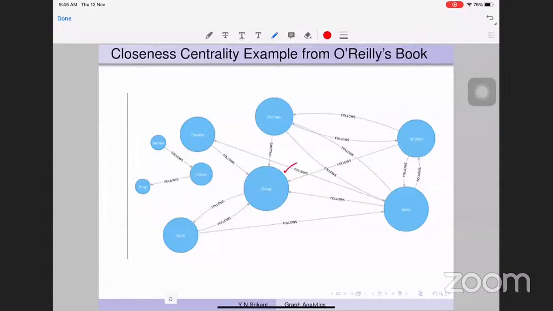So for example, this node and this node are closest to many other nodes on the average compared to, for example, this or this. That's easy to see. This is connected to a large number of nodes, whereas this is connected to only one node, etc. So closeness centrality can be computed by computing the shortest distances between pairs of nodes.